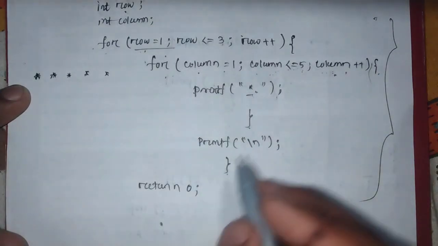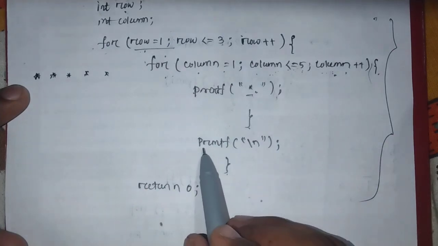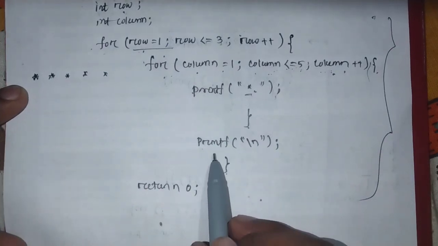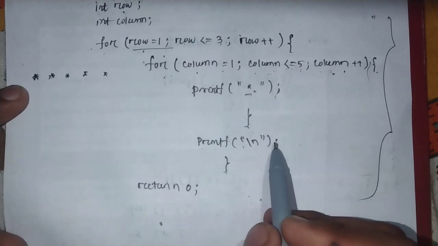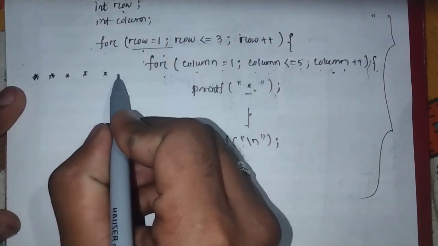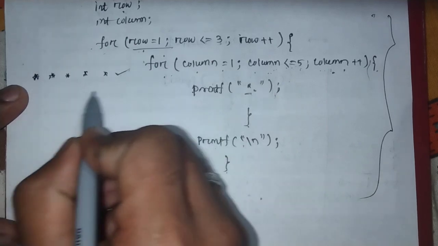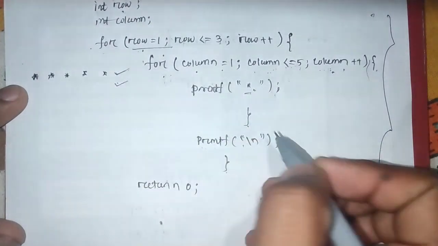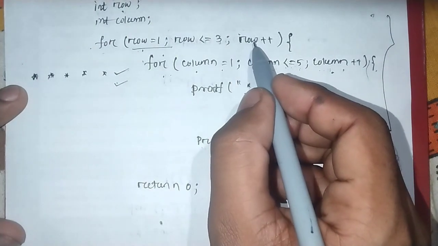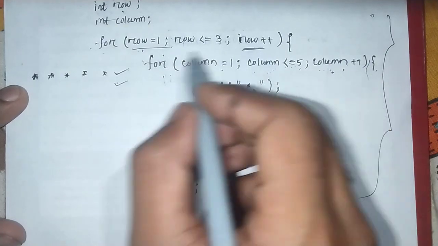So after this termination, the compiler will read printf("\n"), which means go to the next line. It means row 1 is now complete, so it will come to row number 2, because here the incrementation will be done.